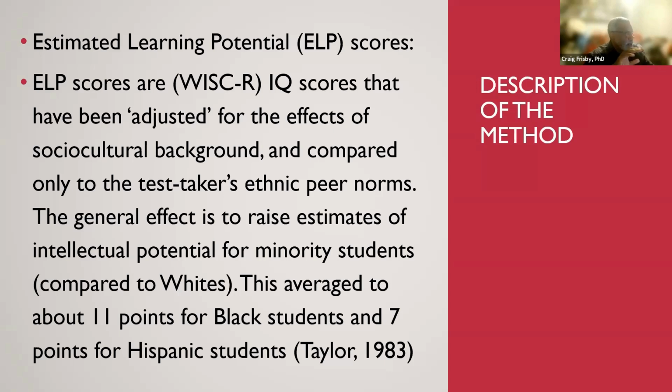So in other words, two members of the group get the same score, but the SOMPA sees the scores as different because in the context of one group, a score of 115 may be in the 90th percentile, and in the context of another group, a score of 115 may be at the 75th percentile.